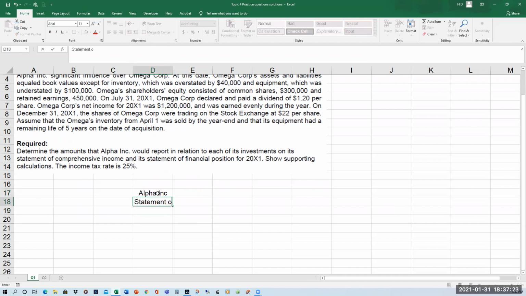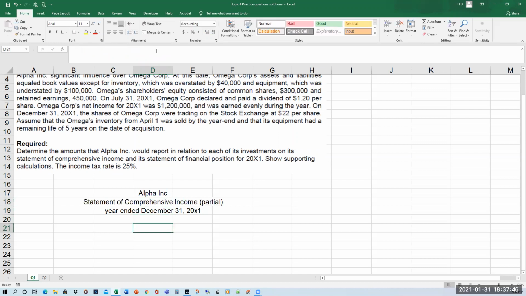will, on its statement of comprehensive income, be reporting its investment income from associate under other revenues and expenses.